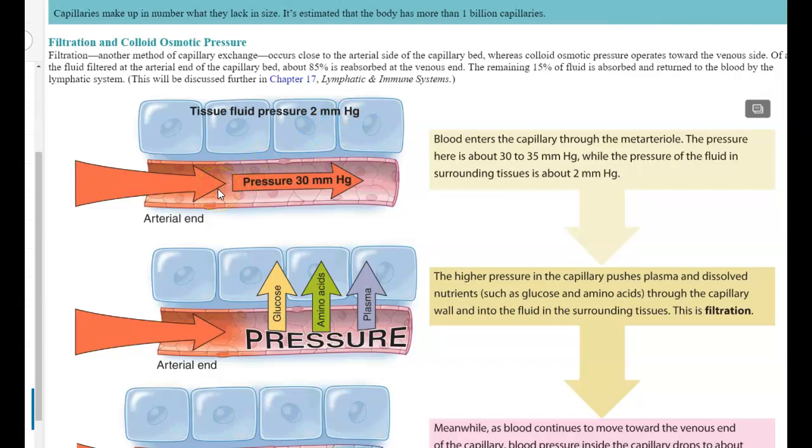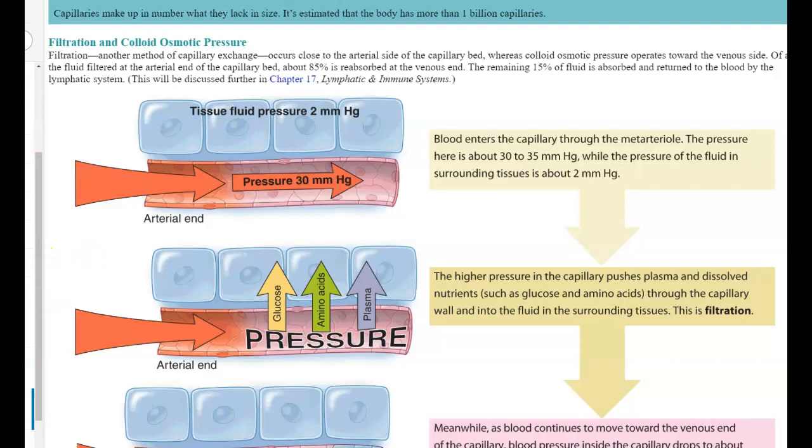The capillaries still have some of the pressure from the contraction of the heart, so they are at pretty high pressure at the arterial end. As it goes through, it will lose its blood pressure, and at the venous end, it will have less blood pressure. That pushing of the blood pressure is called filtration. Filtration occurs closer to the arterial end, and then there's less filtration at the end of the capillary. So the push out is filtration.